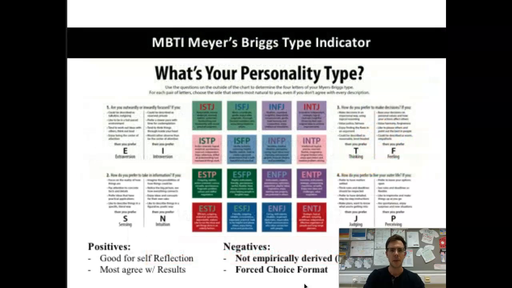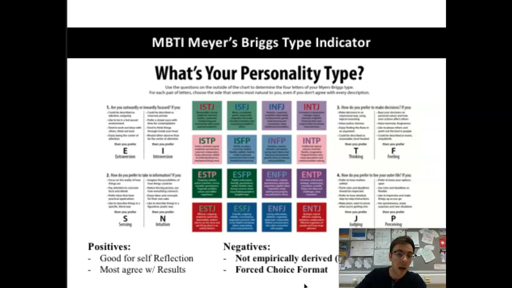All right, let's now look here at the Myers-Briggs, the MBTI type indicator. Okay, so the MBTI was designed by Isabel Briggs and Catherine Briggs, and they wanted to describe personality differences through these categories, right?